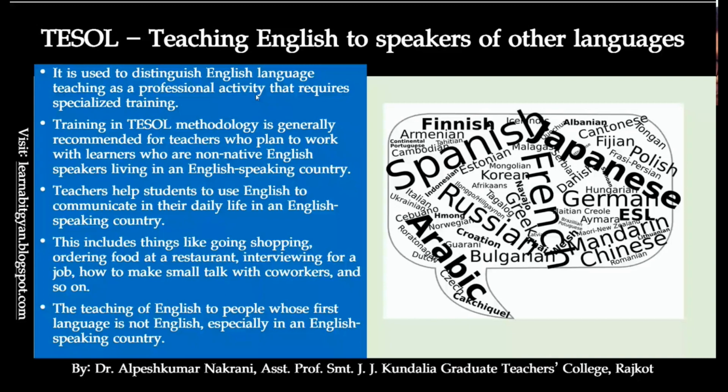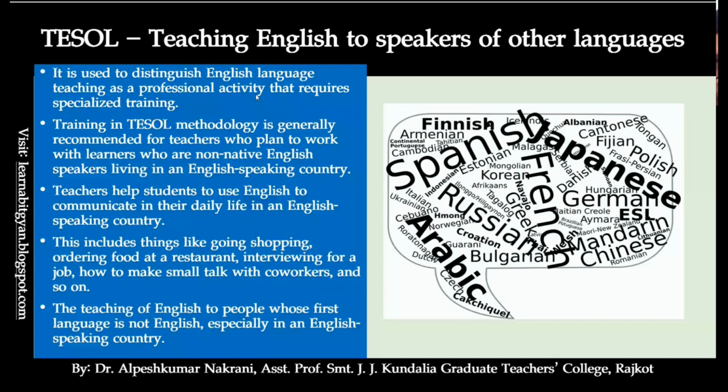Now there are thousands of languages in the world, except English. There are thousands of languages. So if you teach English to those people who speak other than English, means if I teach English to a Korean, to an African, to a Mongolian, to a Japanese, to a Chinese, to a Finnish, to a Spanish person, to a German.